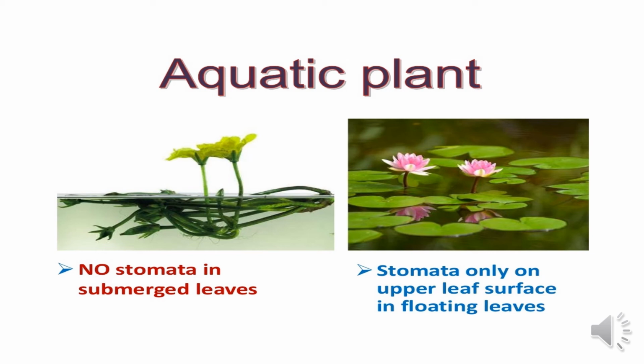If the leaves are floating on the upper surface of the water, the stomata may be present on the upper surface of the leaf. But if the leaves of the plant are submerged, meaning they sink in the water, no stomata are present because they do not require the stomata for the transpiration process. They are already present in the water.